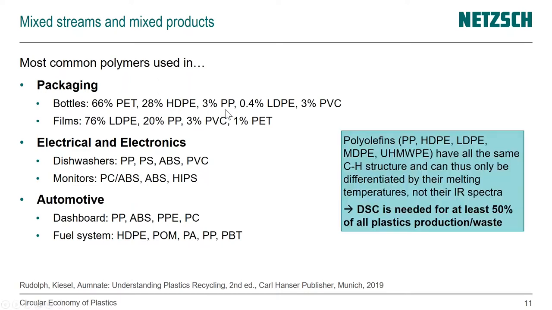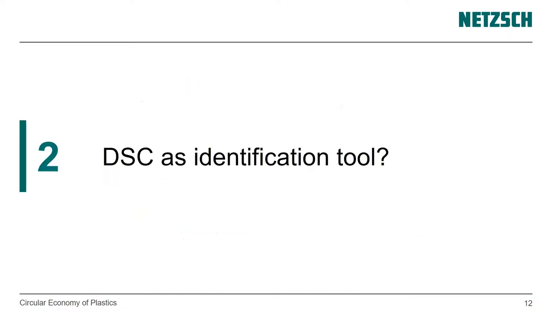But especially looking at packaging, to drive that home, polyolefins all have the same chemical structure. It's just CH, and they can only be differentiated by their melting temperatures, and unfortunately not by their IR spectra. Therefore, we believe that DSC is needed somewhere in the reprocessing of 50% of plastics production or plastic waste. And that's why I'm going to talk about that.